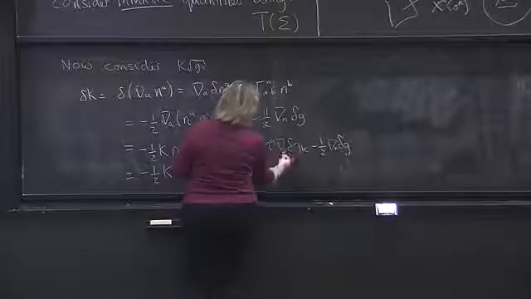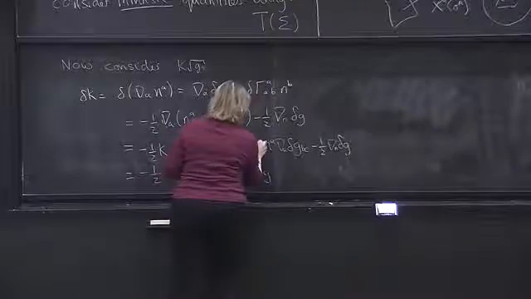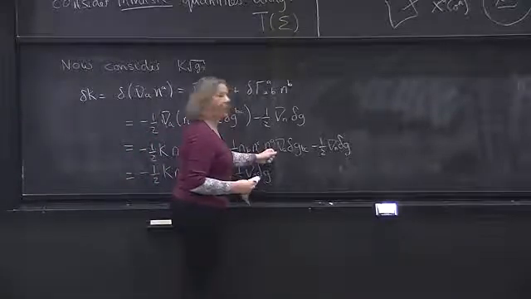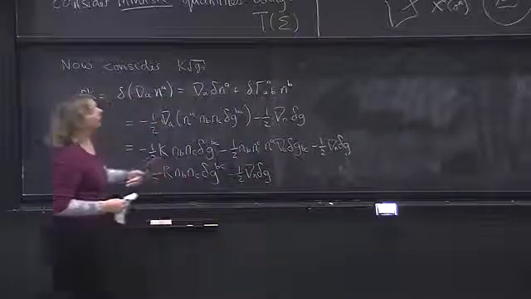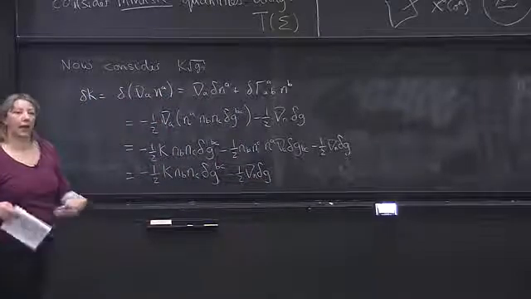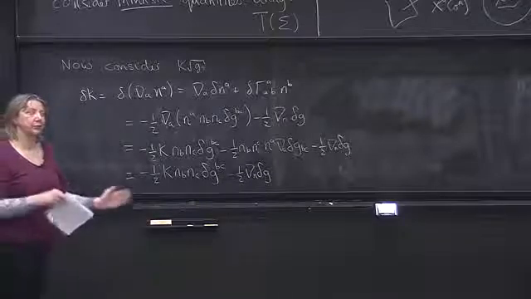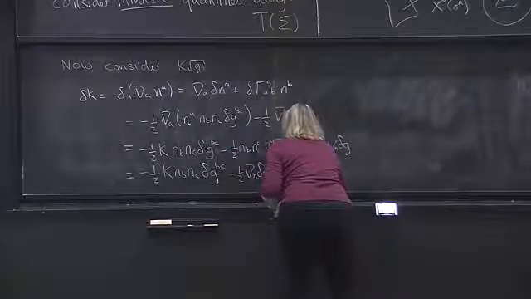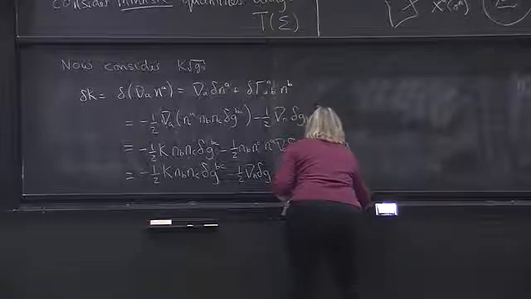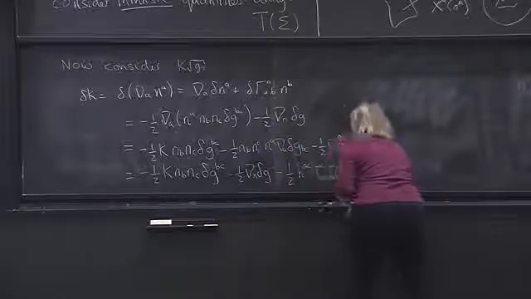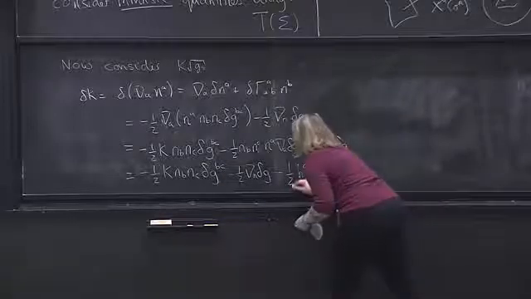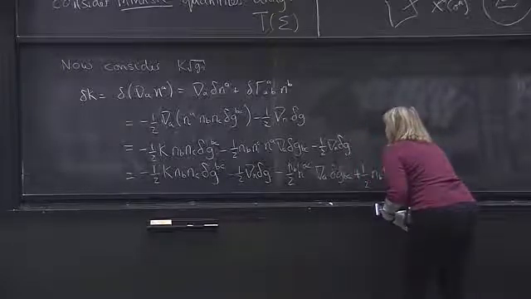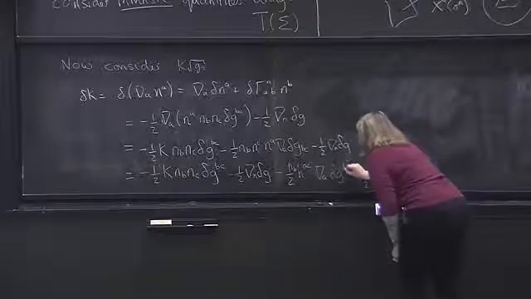So I need to kind of sum over A and C. And so what I want to do there is I need to change this NaNC into a G. So if you remember, H is G plus NN, which means that NN is H minus G. So I've got minus a half HAC grad A delta G BC, and then I've got plus a half NB grad A delta G B A. My indices are all over the place here today.